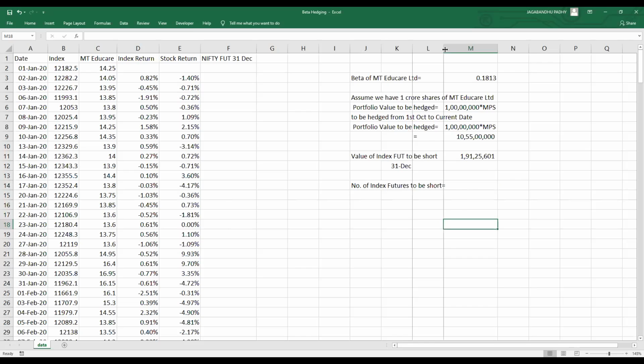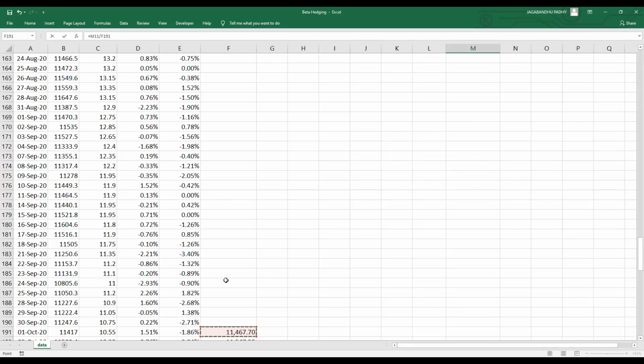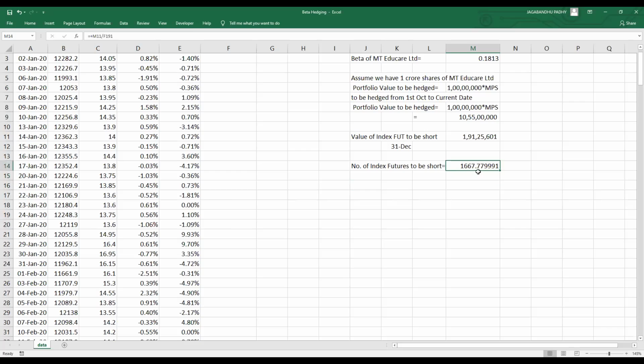How many futures should I short? This divided by the lot size. This 190, divided by lot size. This is the value of index futures, so the number of index futures to be short is simply this divided by the price. The price on first October was 11,467. So we're getting this many index futures to be short.